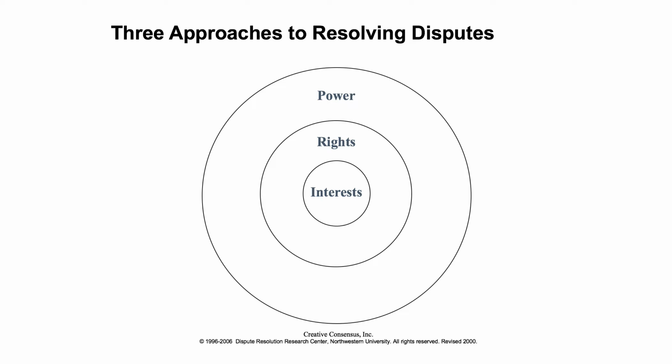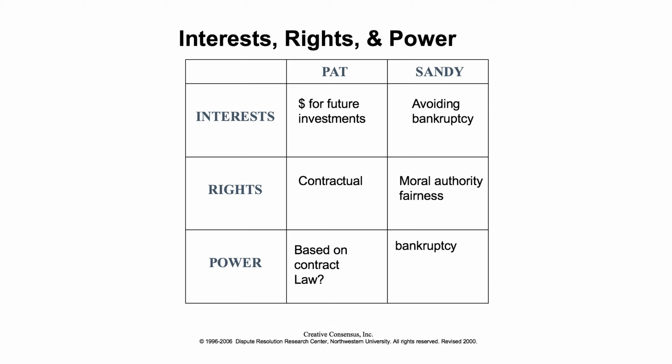Or we can negotiate from a place of interests. Now, there will be times where you'll negotiate from any of these environments, any of these rings within the circle. But the way to a solution, the way forward, is an interest-based negotiation. In this negotiation, we had Pat and Sandy, and here on this chart you will see their interests, their rights, and their power.